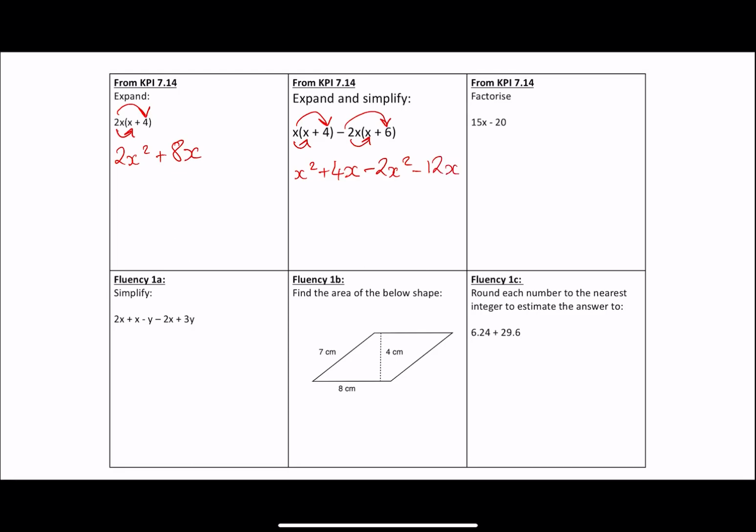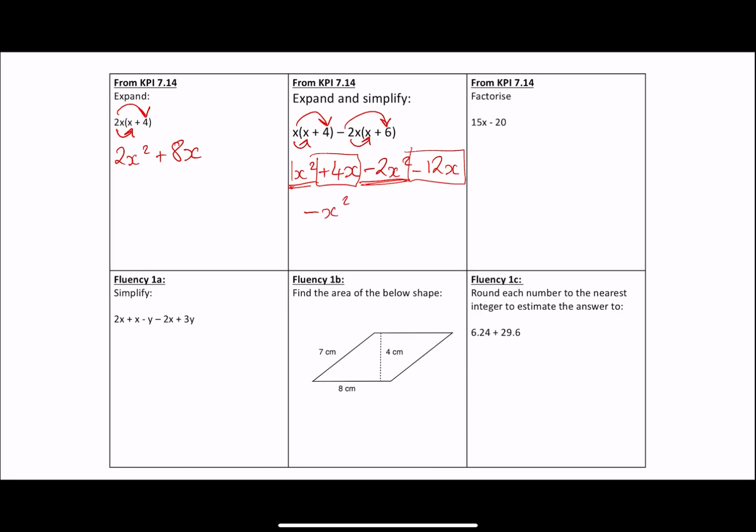I then need to collect up my like terms, so I've got x squared and minus 2x squared. I've got plus 4x and minus 12x. Well, looking at the underlined part first of all, x squared minus 2x squared, remember that's like there being 1x squared. 1x squared take away 2, I'd end up with minus 1x squared, so minus x squared.